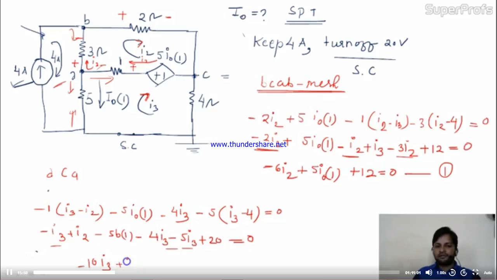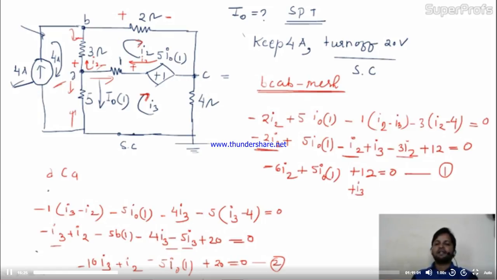So minus 10I3 plus I2 minus 5I01 plus 20 equal to 0. Now see, if you carefully observe these two equations, you are having two equations but three unknowns.